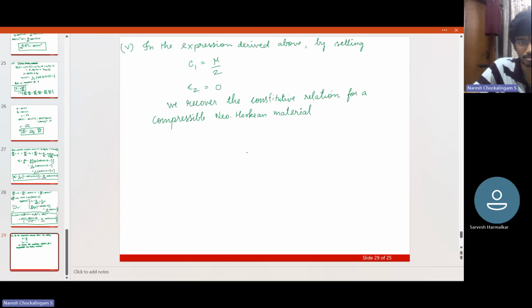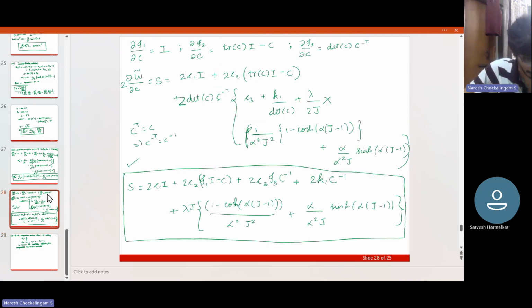So you set C1 is equal to mu by 2, C2 is equal to 0, and then C3 is equal to 0. K1 is equal to minus C1. Under these conditions, we recover the constitutive relation for a compressible neo-Hookean material.